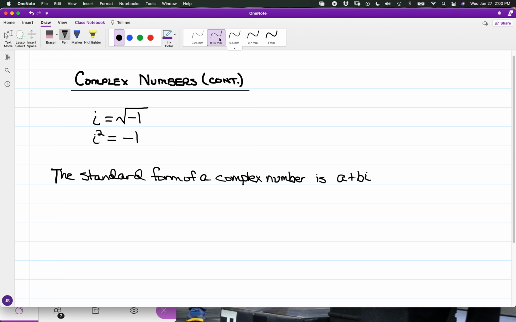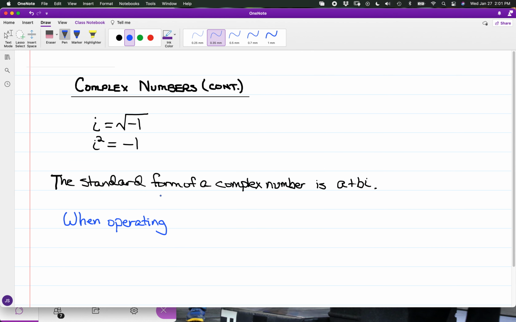Now, in looking at what we have working with complex numbers, I want to mention something about the radicals. When you're working with operations between complex radicals, think about complex radicals that you want to go ahead and express the radicals in terms of the variable i.